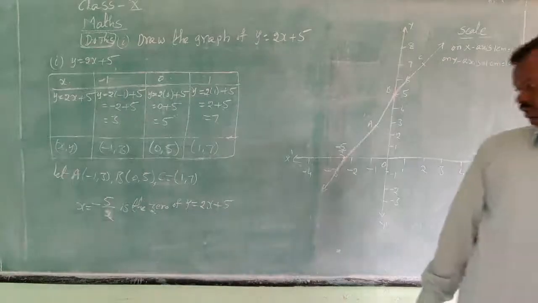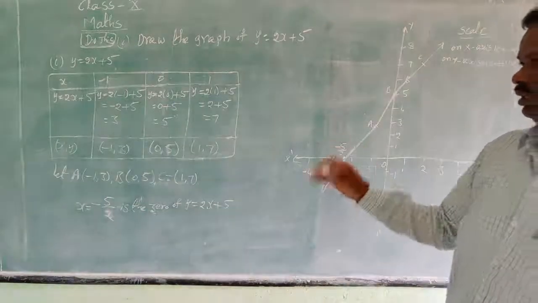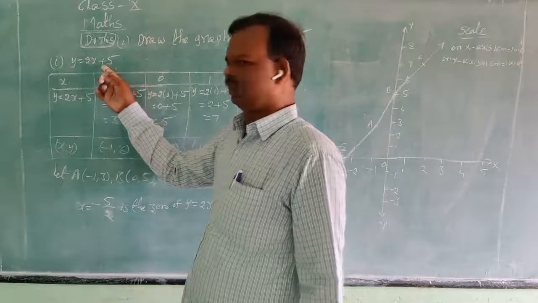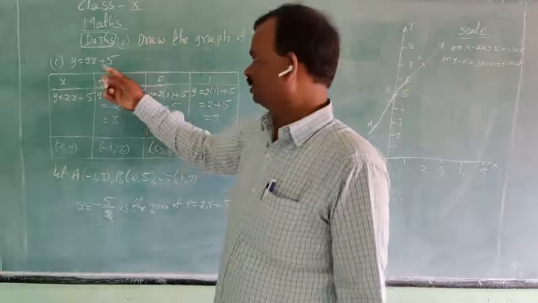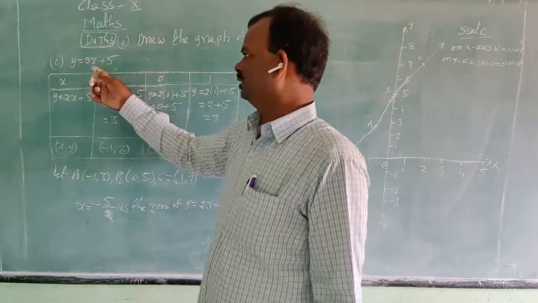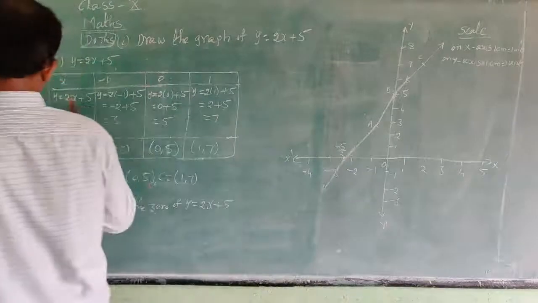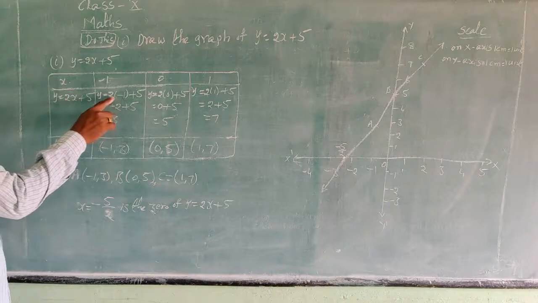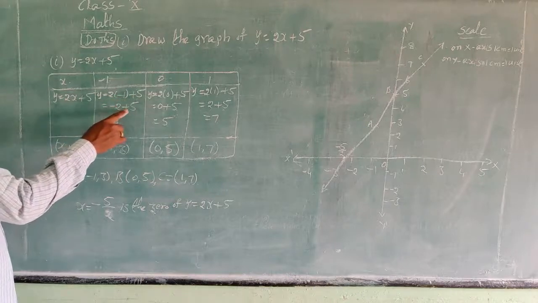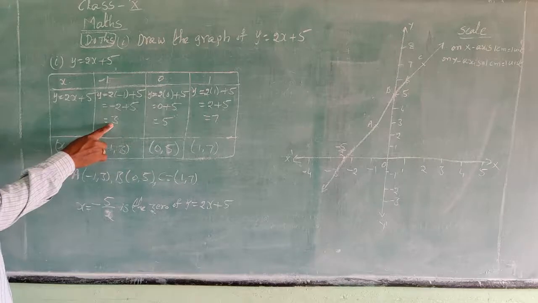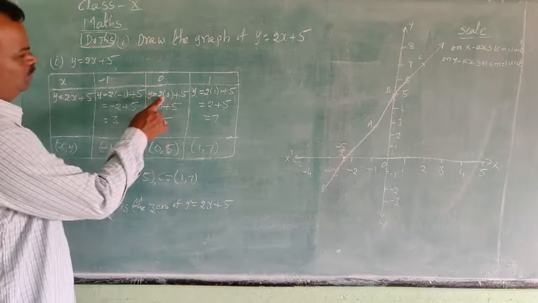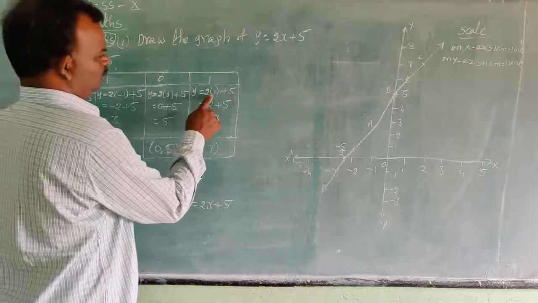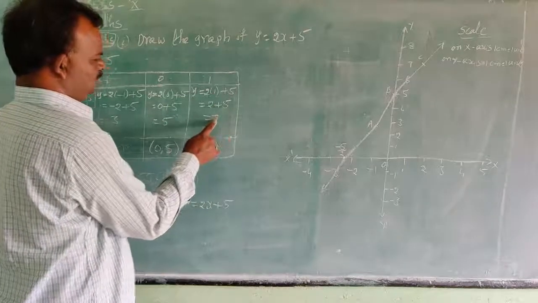Similarly, we are doing the next one, y is equal to 2x minus 5. Here the sign is plus; we are changing the symbol to minus. Now the values of 2x minus 5: 2 into minus 1 minus 5 is minus 2 minus 5, which is minus 7. 2 into 0 minus 5 is minus 5. 2 into 1 minus 5 is 2 minus 5, which is minus 3.